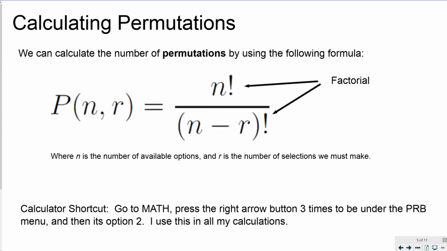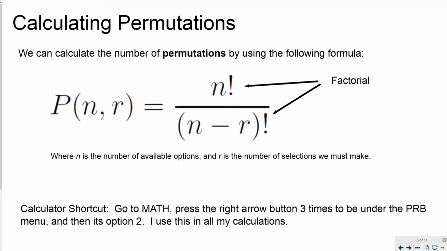So we can calculate the number of permutations by using the following formula. P of n comma r, where n is the number of available options, the whole amount of stuff in your data set, and r is the number of selections we must make, is equal to n factorial divided by n minus r factorial.